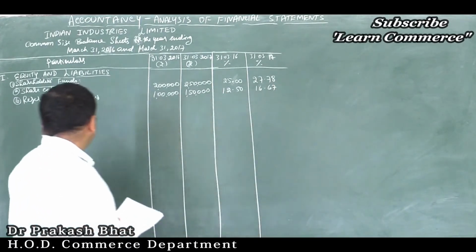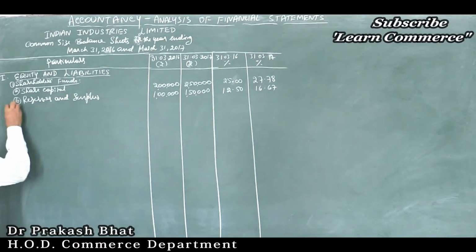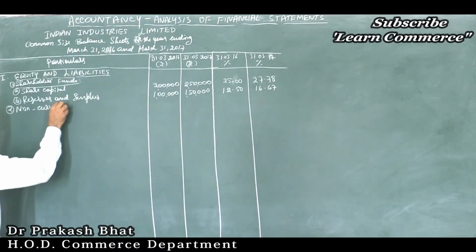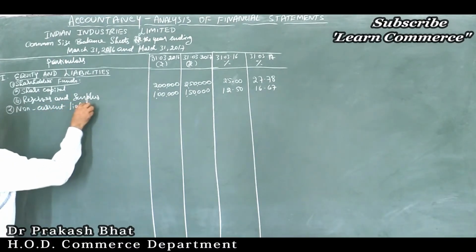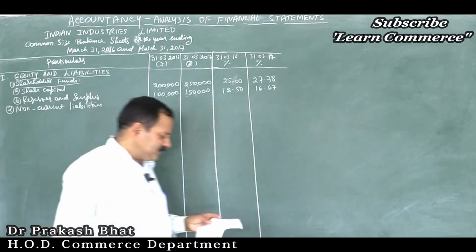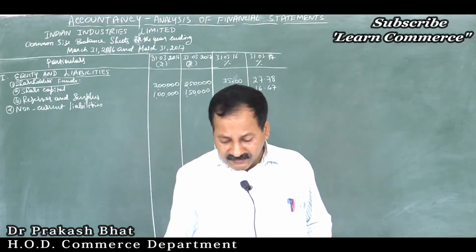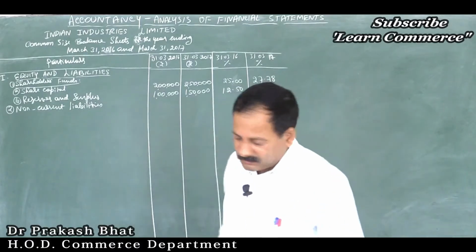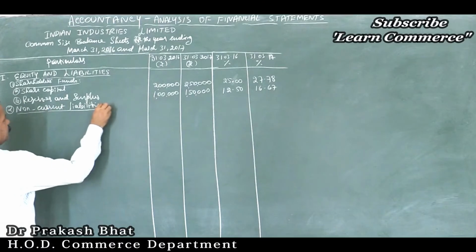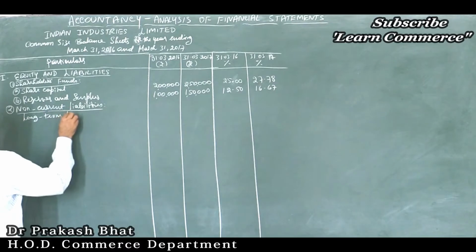Next one is non-current liabilities. Now point number 2, non-current liabilities. Under that comes long-term borrowings, long-term loans.